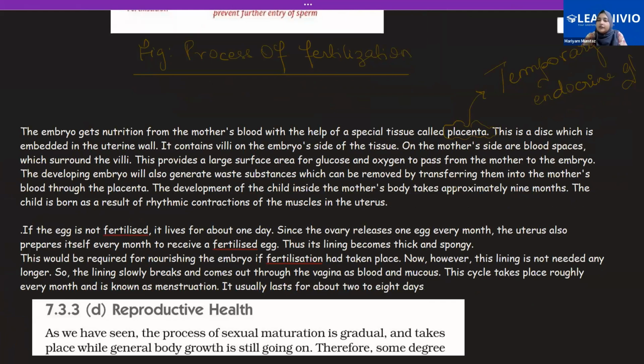So that is why it is also a temporary endocrine gland. Why? Because after the birth of the baby, the placenta is also taken out of the body. It is expelled out of the body. So that is why temporary. Now this is a disc which is embedded in the uterine wall. It contains villi on the embryo side of the tissue, and on the mother's side are the blood spaces which surround the villi.